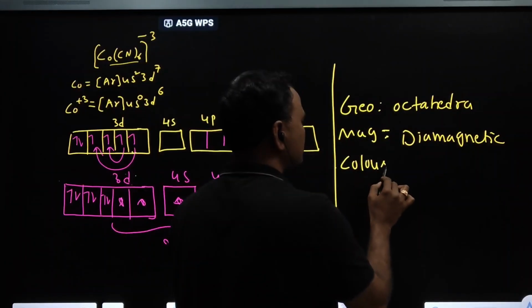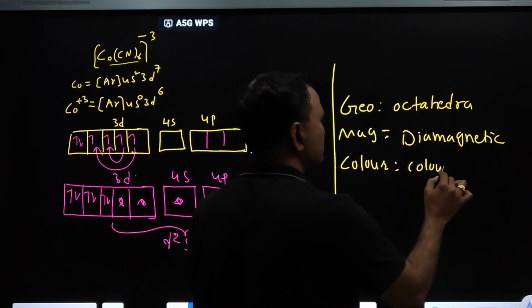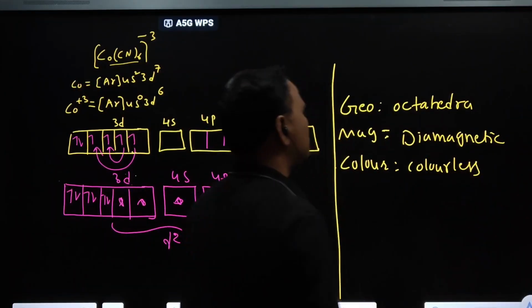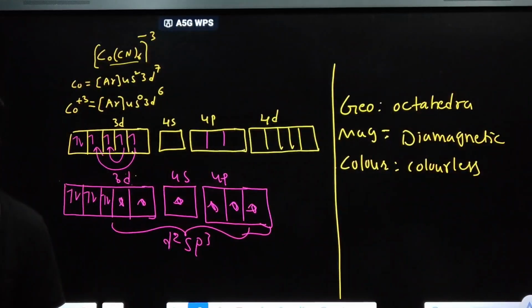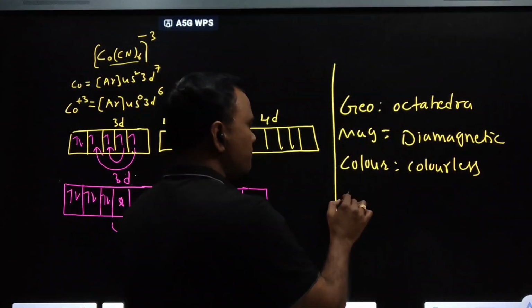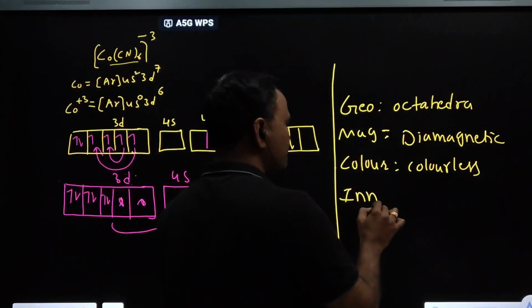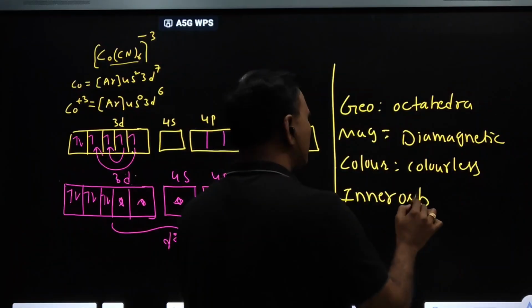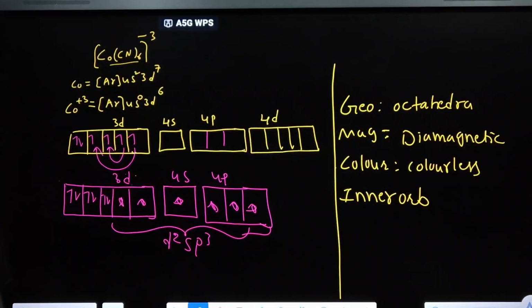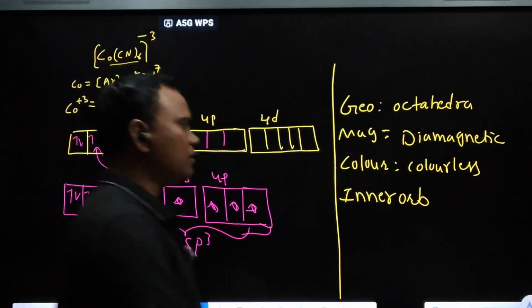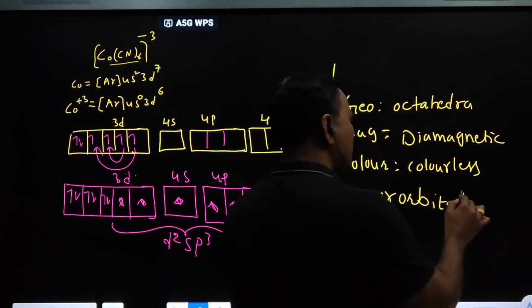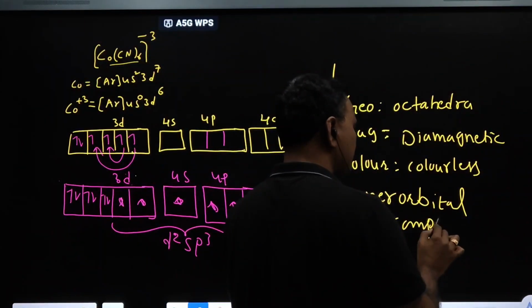Color? Colorless. Inner orbital or outer orbital? Inner orbital complex. Type of complex, inner orbital complex. When we use only 3D orbitals, that complex is called inner orbital complex.